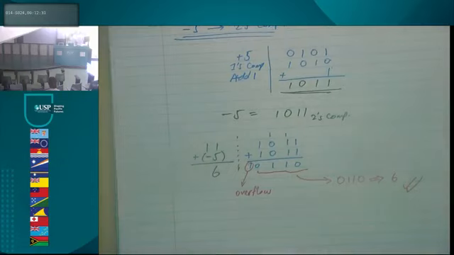We've done a genuine subtraction. But what do you see as really unusual in this sum? We are doing 11 minus 5, and when you look at the bit pattern, both 11 and 5 have the same bit pattern, but it gave the right answer.